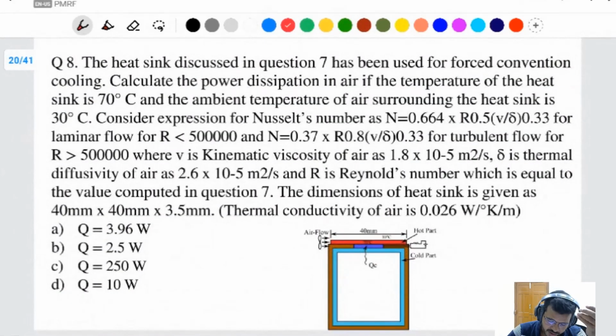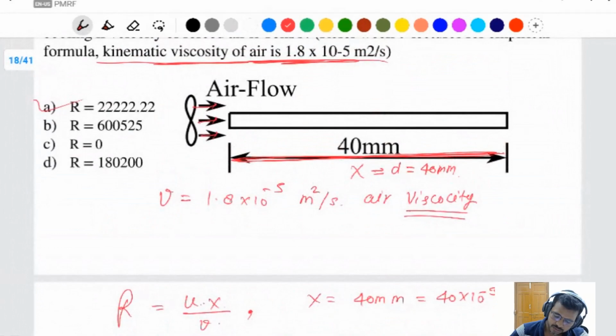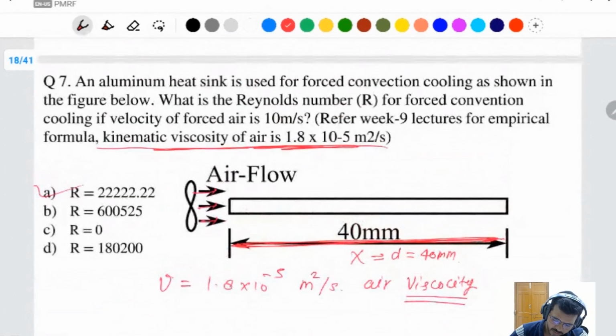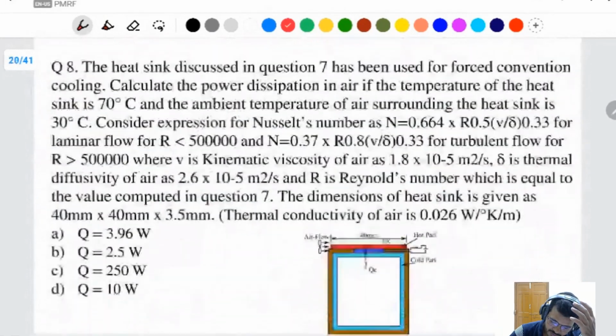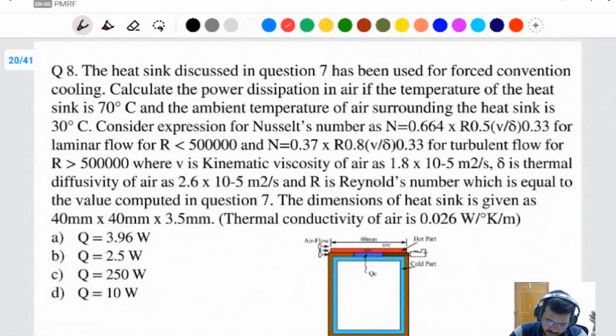The next question is given as: the heat sink discussed in question number 7, the same heat sink, of length 40 mm, has been used for the forced convection cooling. Calculate the power dissipation in air if the temperature of the heat sink is 70 degrees centigrade and the ambient temperature of air surrounding the heat sink is 30 degrees centigrade.